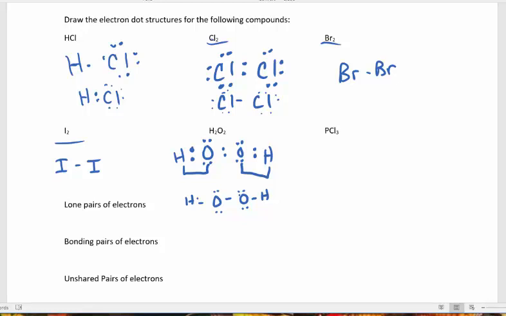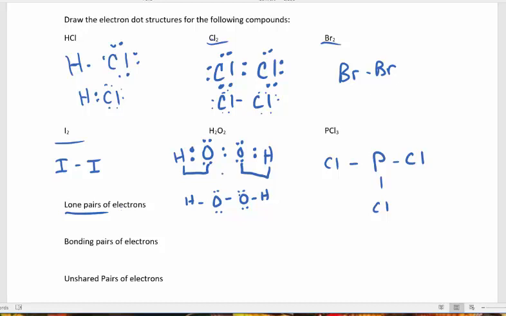PCl3, same idea. If you look at phosphorus, count up its valence electrons, count up chlorine, count up its valence electrons, you're going to end up with phosphorus, single bond, single bond, single bond, and then you would put in those lone pairs of electrons. The lone pairs of electrons, again, are electrons that are not involved in bonding.